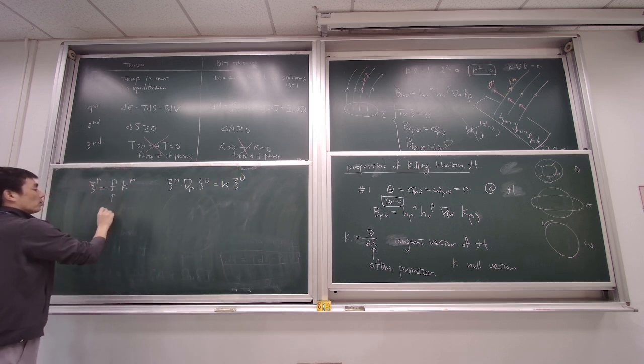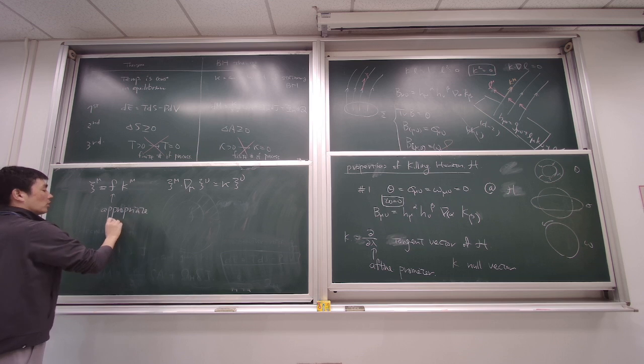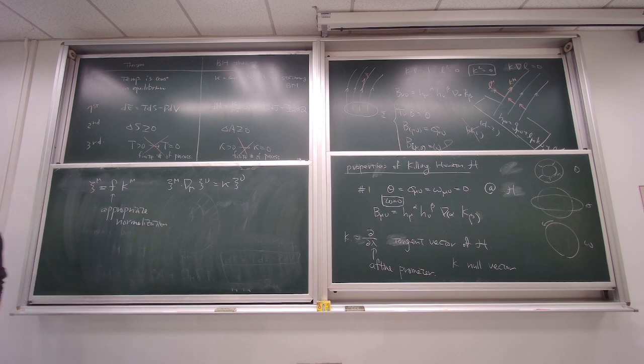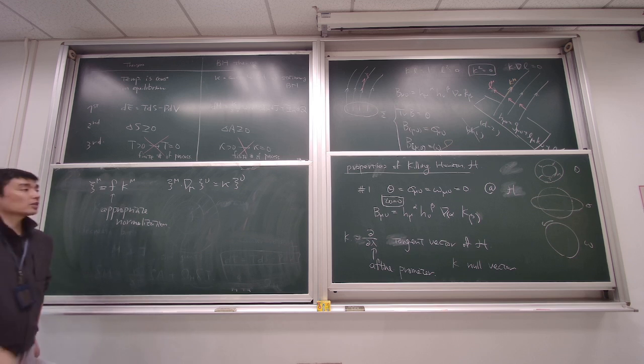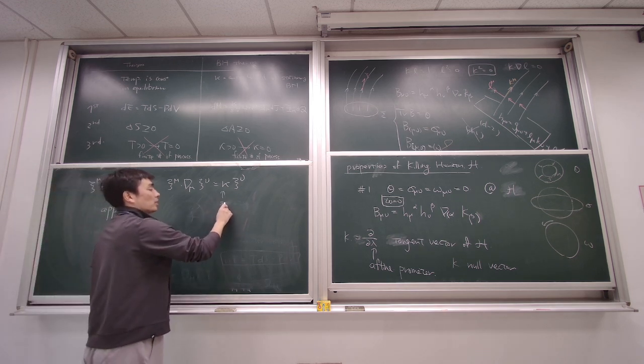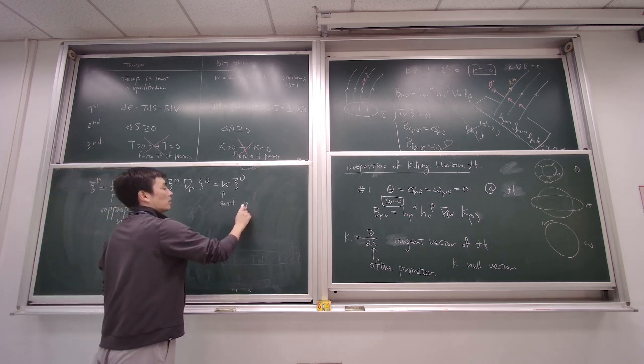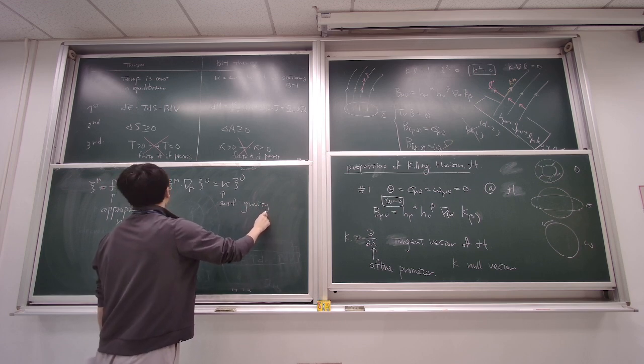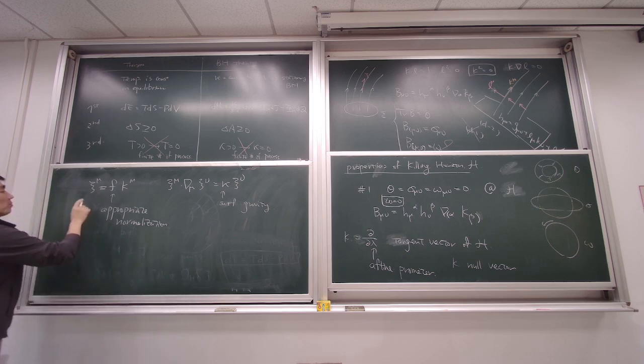This is the proper normalization, so that kappa is the surface gravity. That's what we all learn. And then we know that this k mu is a Killing vector.